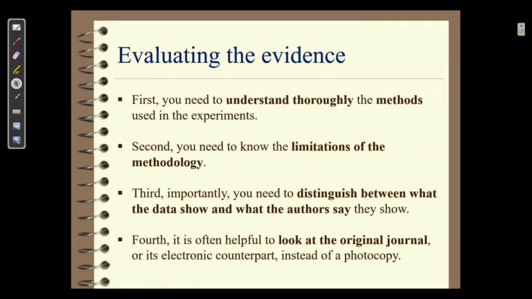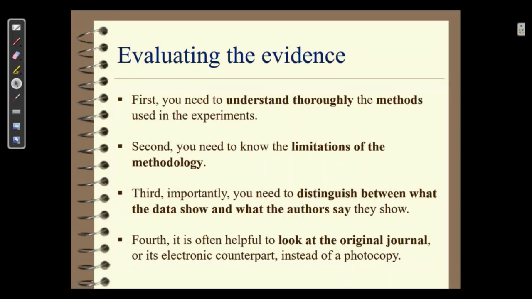The next thing we should think about, if we are going to read, is that we need to understand the methods used in the experiments, so that we can understand what the limitations of the methods are, and how we can improve those methods in the future.